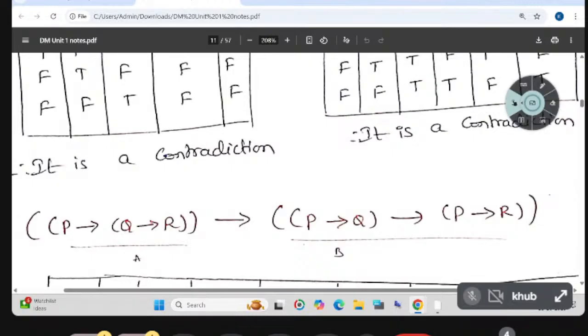Completed the problem? What is the solution? Last column? The last column values are your tautology.